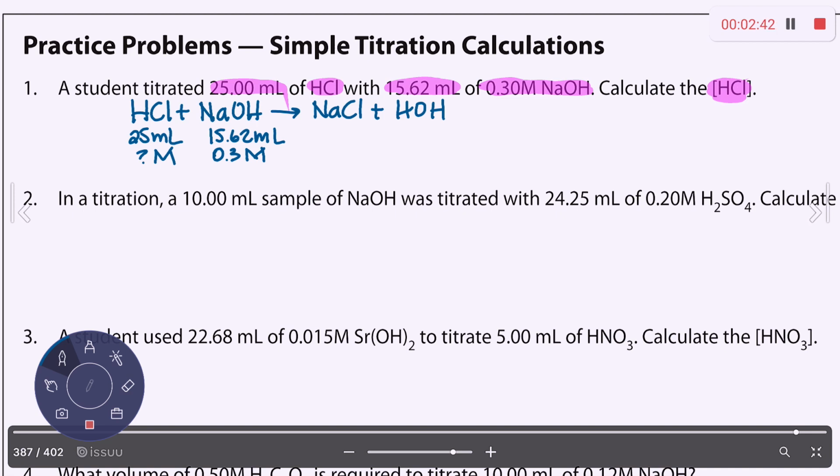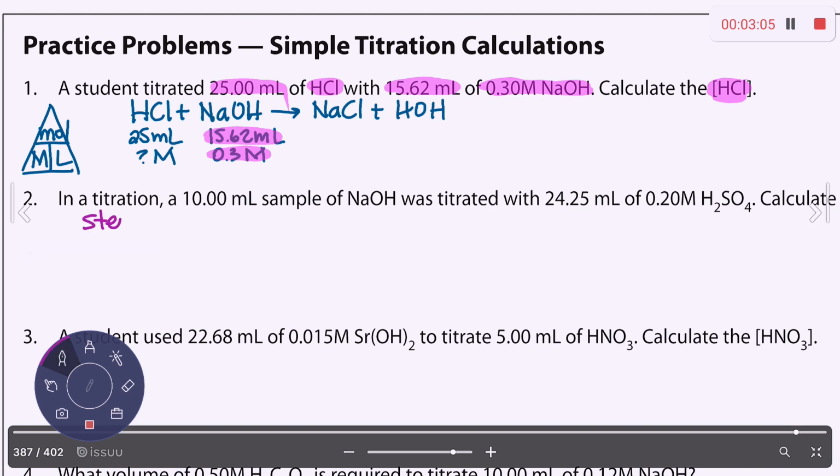You start where you have a volume and a molarity of one substance, because we learned in a previous section that if you're looking at the molarity triangle, you can solve for moles by multiplying molarity times liters. So you always want to ask yourself, how can I get moles?